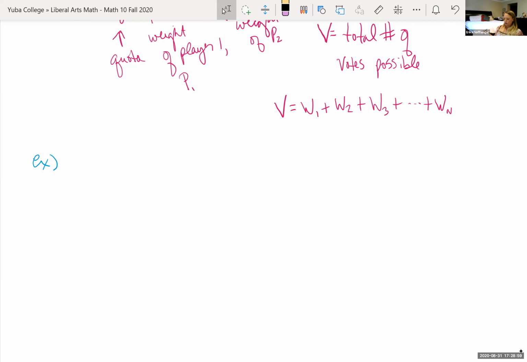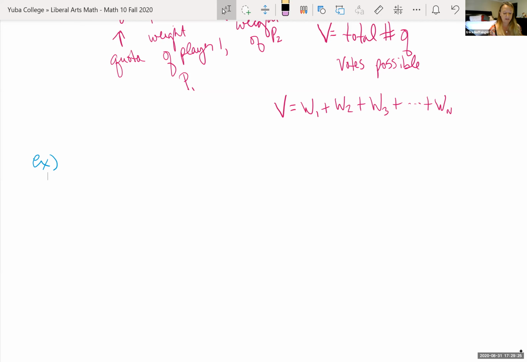With the usual agreement that 1 share equals 1 vote, describe the partnership as a weighted voting system using the standard notation, where we were just showing you the bracket Q colon W sub 1 to W sub n, if A, the decisions in the partnership are made by simple majority.